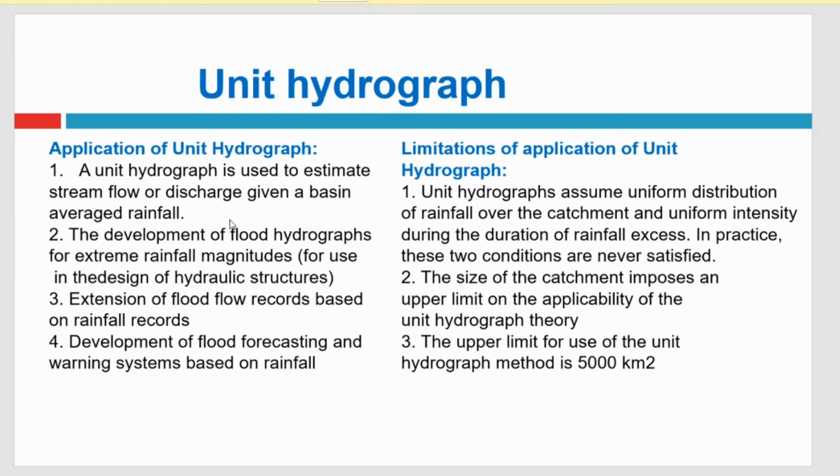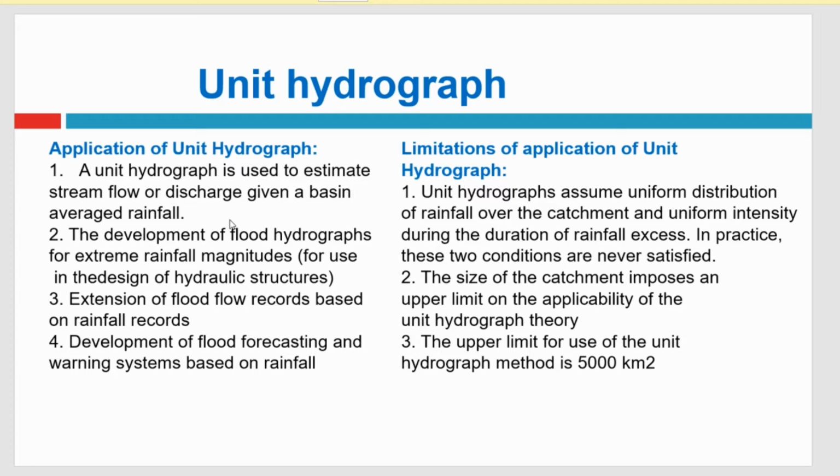Now if there is 5 centimeter of rainfall, what will happen to the ordinates or the discharges in the stream? What we do is multiply every ordinate by 5, so it will represent the ordinates or the discharges in the stream. I'll explain this with the help of the problem that we will solve.